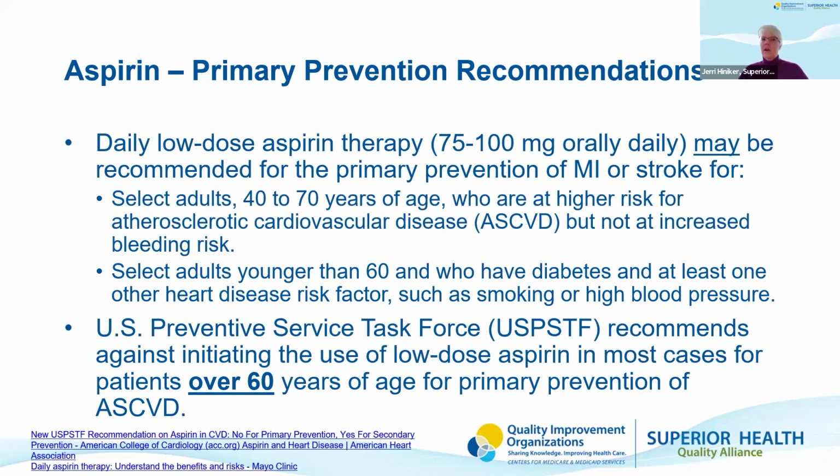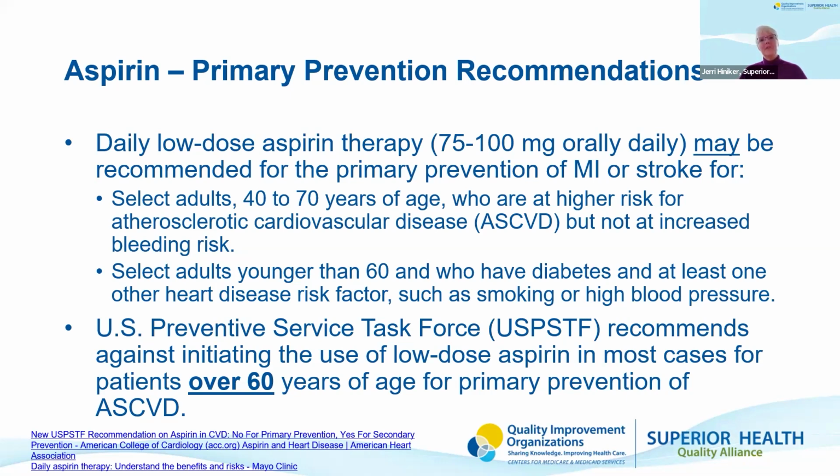And these are in a select group of adults, usually ages 40 through 70, at higher risk for, I'm just going to say ASCVD, I cannot say atherosclerotic cardiovascular disease very well. I apologize.